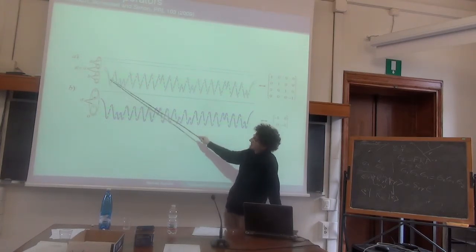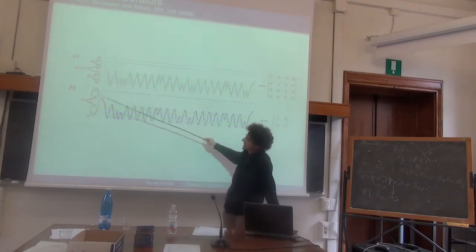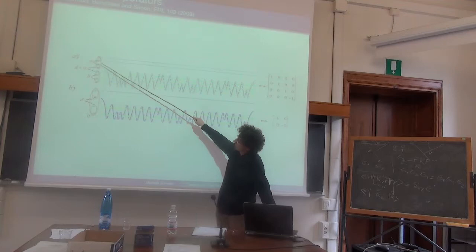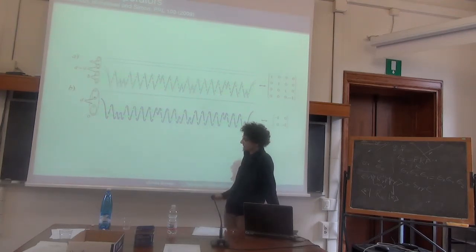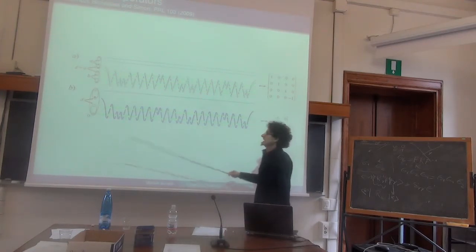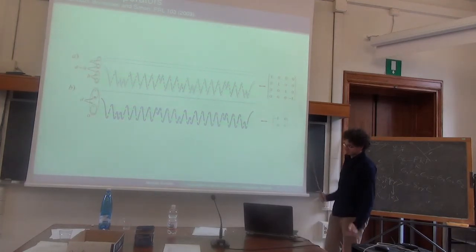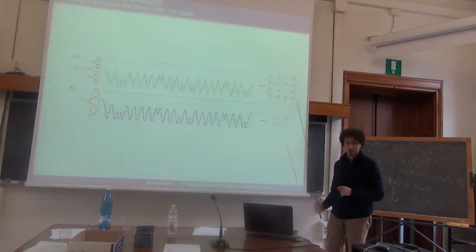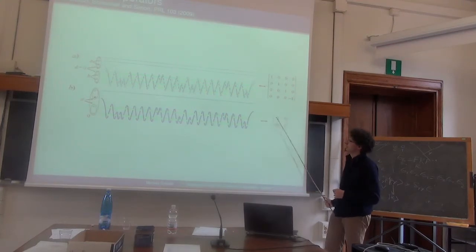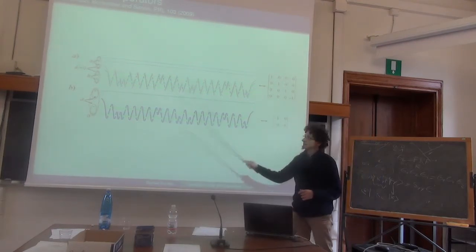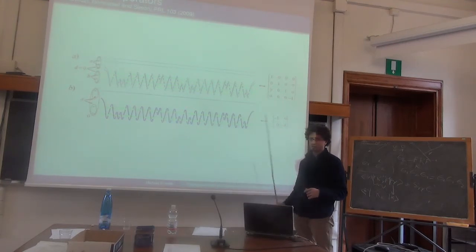And in particular, I can map this problem to a problem where I have now 4 Fibonacci anyons, because each of these pairs fuses in a single Fibonacci anyon, and I want to approximate something which is proportional to the identity. Otherwise, I'm going out of my computational space, and with a certain degree of approximation, I can create, for example, a controlled-Z operator which creates entanglement between the 2 qubits.